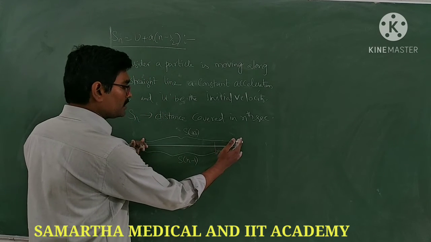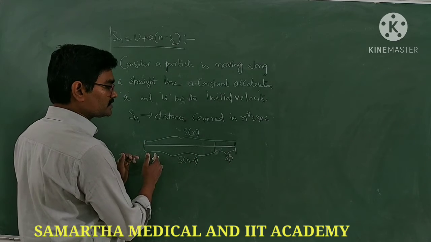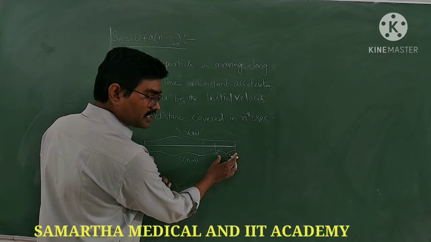So from fully n seconds, if you subtract n minus 1 seconds travel distance, you will get nth second travel distance.